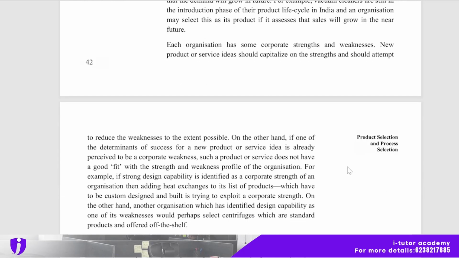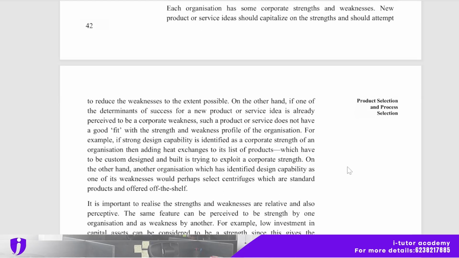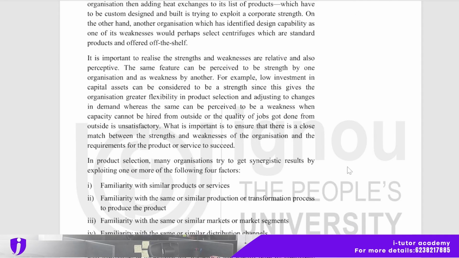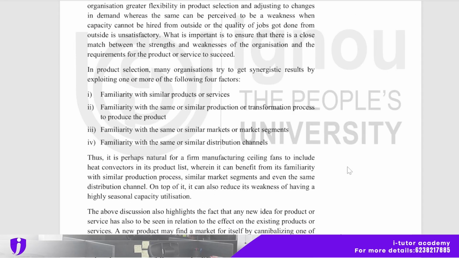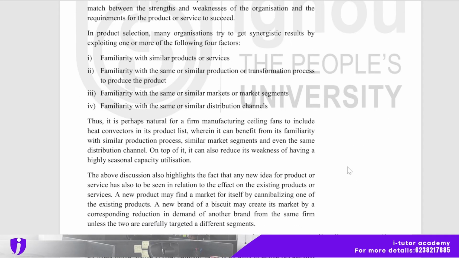Each organization has some corporate strengths and weaknesses. A new product or service idea should capitalize on the strengths and should attempt to reduce the weaknesses to the extent possible. So in product selection, many organizations try to get synergistic results by exploiting one or more of the following four factors.